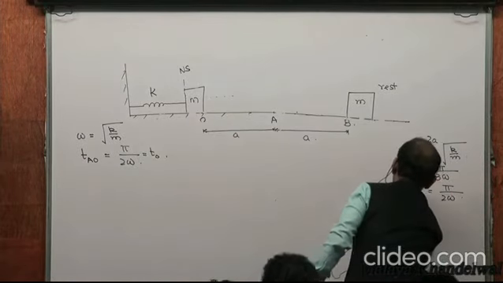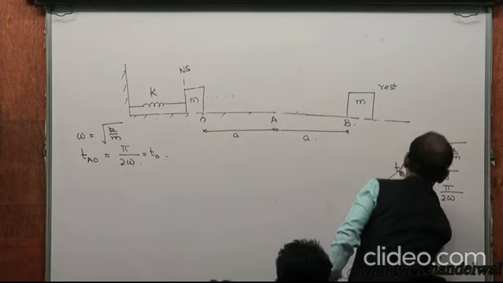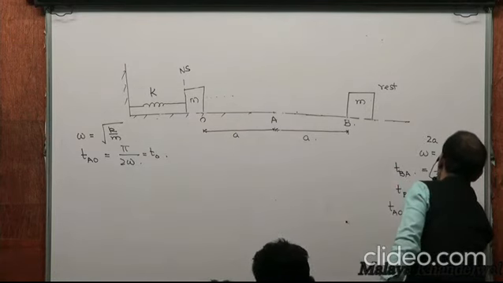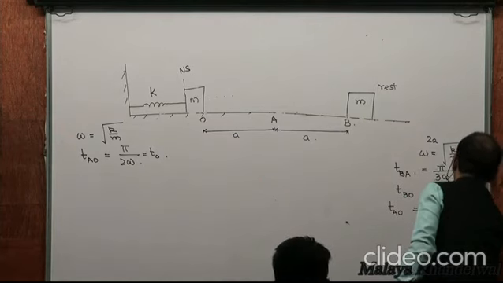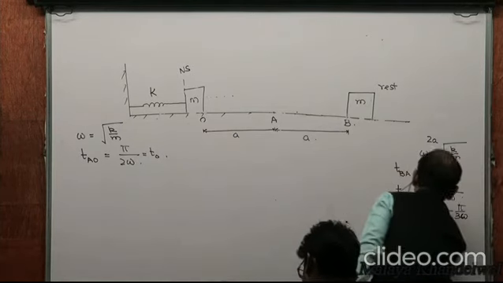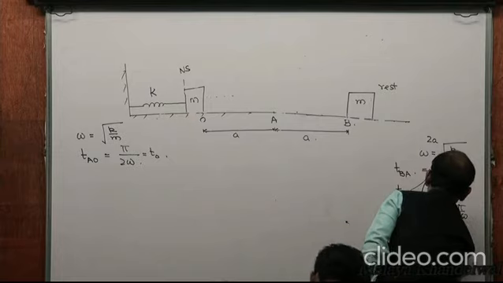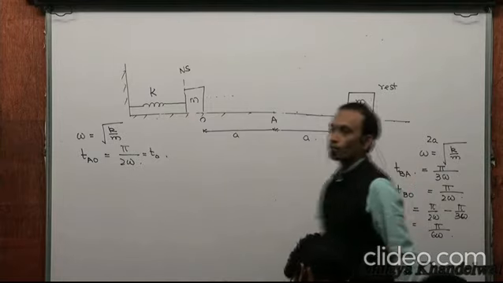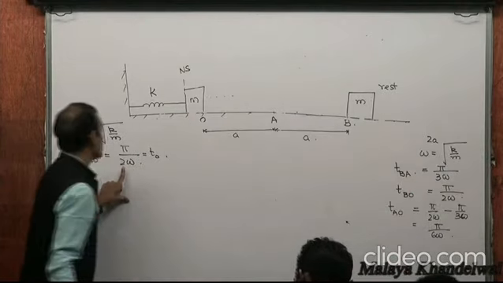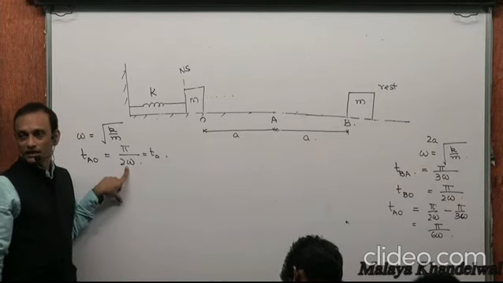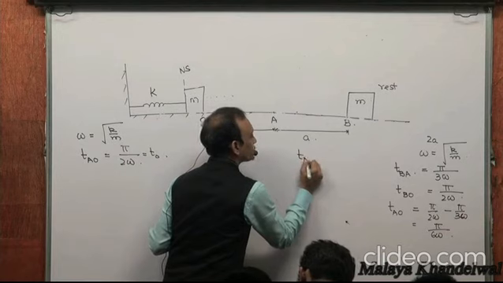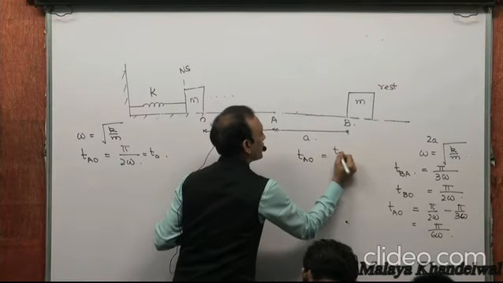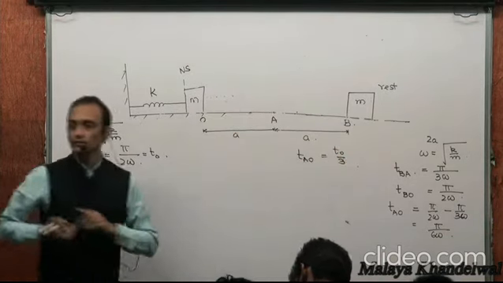So time taken to go from A to O is pi by 2 omega minus pi by 3 omega, which is pi by 6 omega, which is T naught by 3, as you can see. The time taken to go from A to O is going to be T naught by 3. Clear?